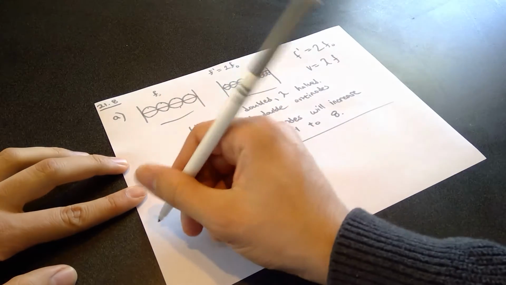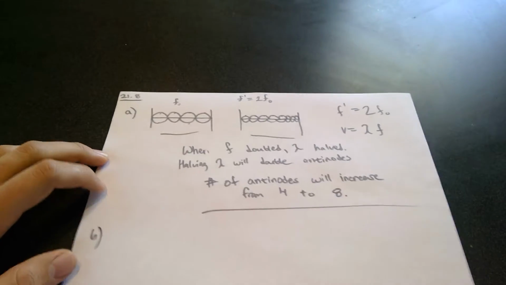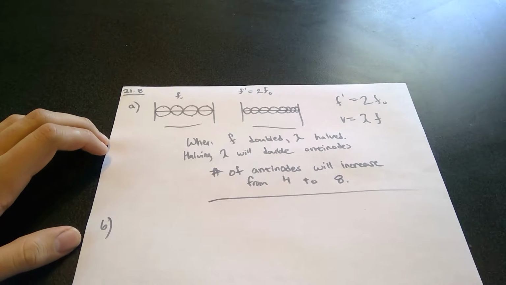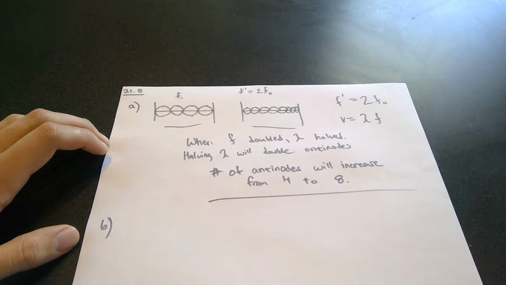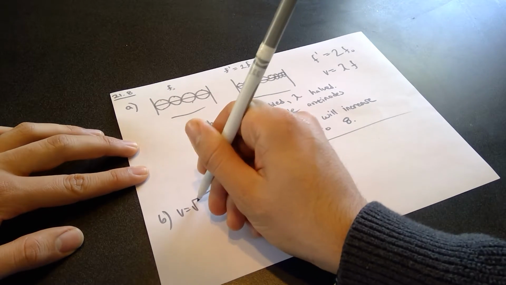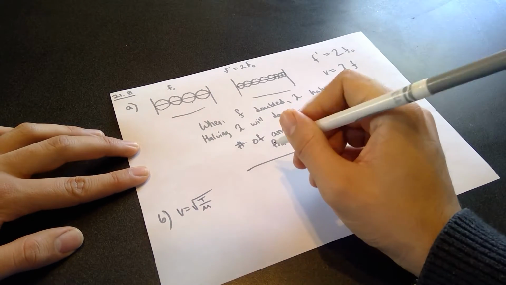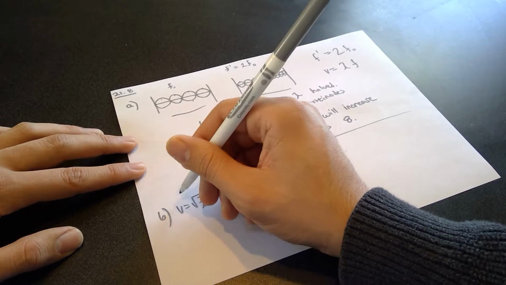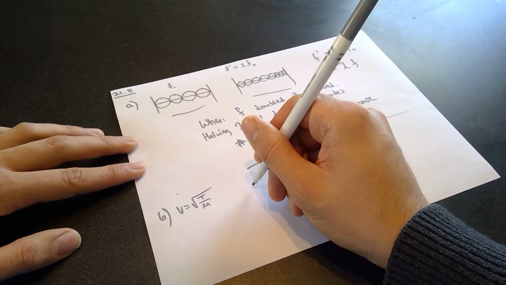Now we've got to figure out what's going to happen to the frequency if you increase the tension on your string by a factor of 4. So let's write out our tension equation. We have v equals the square root of T over mu. This is our starting tension.